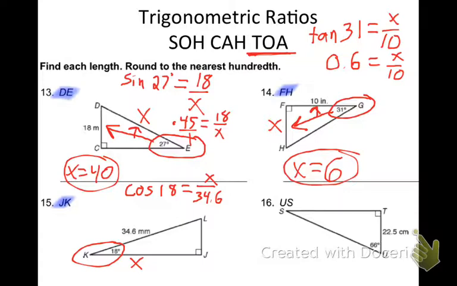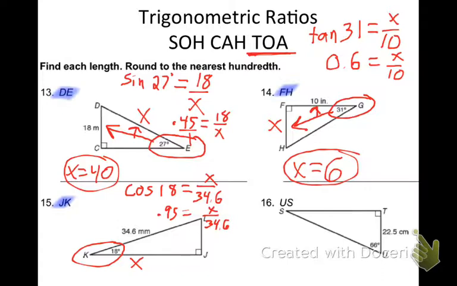So what is the cosine of 18? 0.95. So 0.95 equals x over 34.6. Solve for x here.